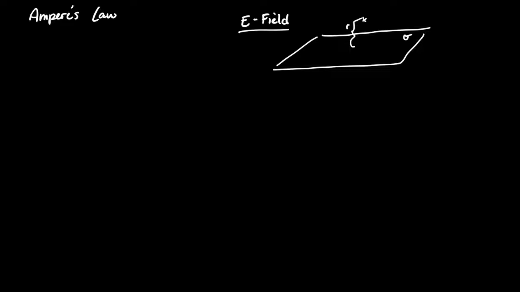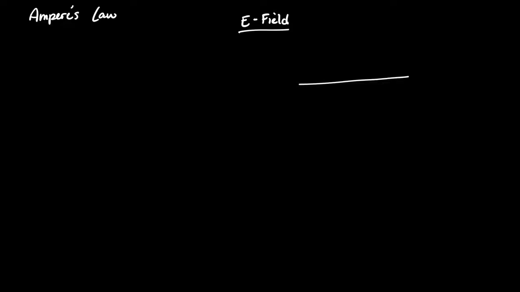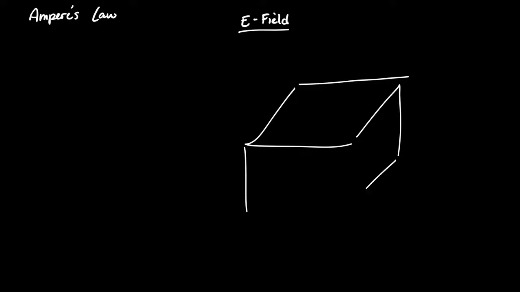The last thing about electric fields that you should know is that if you have a large conductor, I don't even care what the shape is, it could be a sphere, it could be a box, you have a large solid conductor.